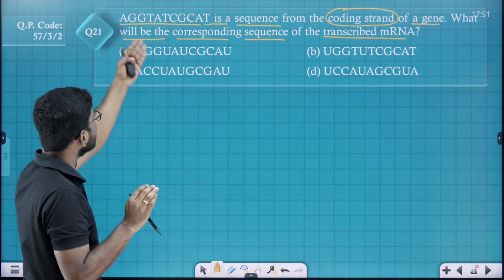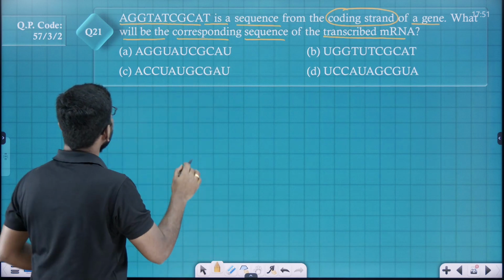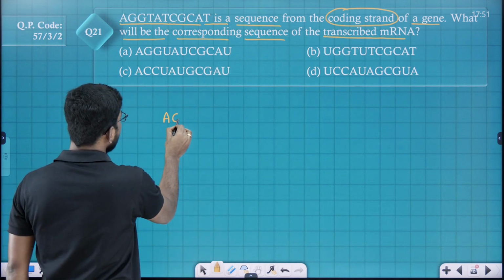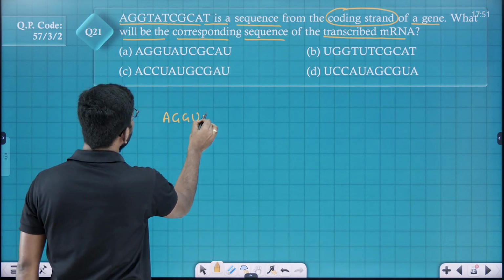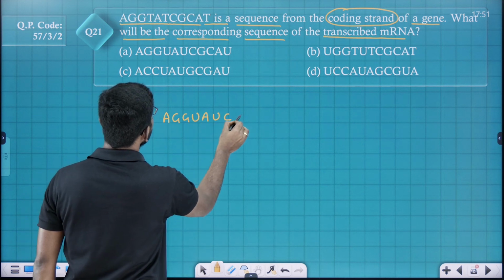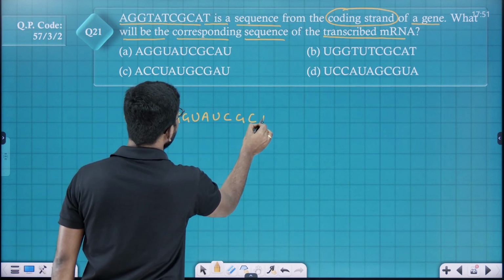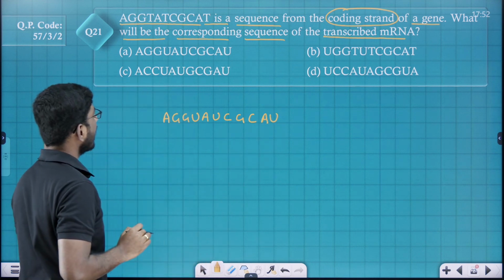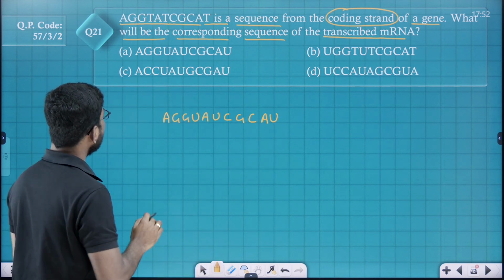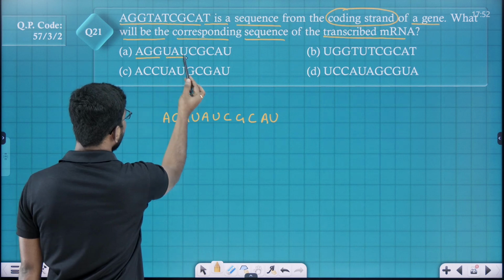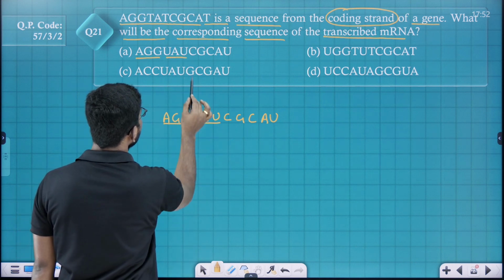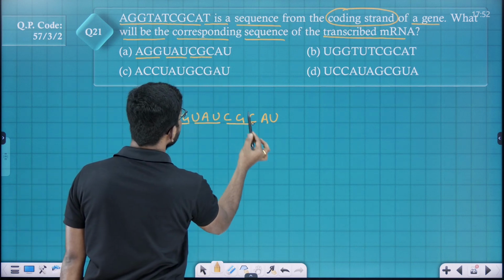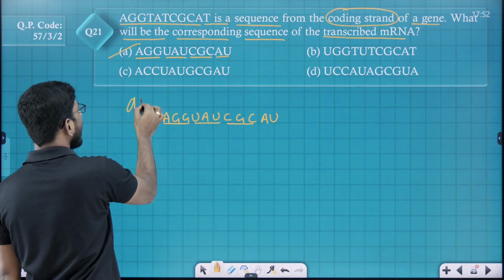So right here everything is the same except T becomes U. Now right here: A G G U A U C G C A. Find out the correct answer now. Where is the right answer? Option A is the correct answer.